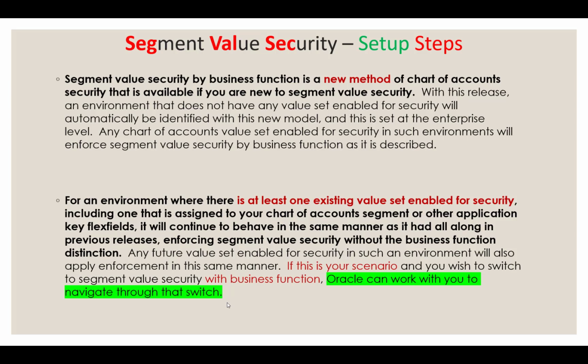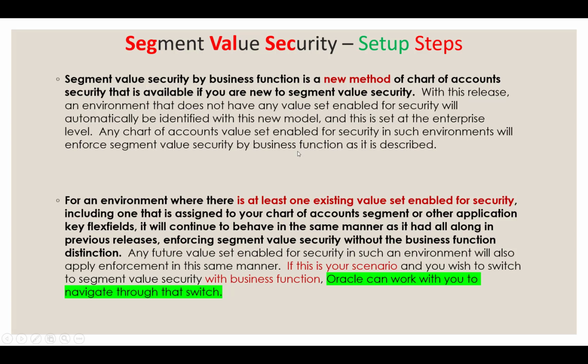Were you enabled before for any value set for security? Then your environment will be security without business function. Or you don't have any value set enabled for security before, so you can work with the new method, which is segment value security by business function.